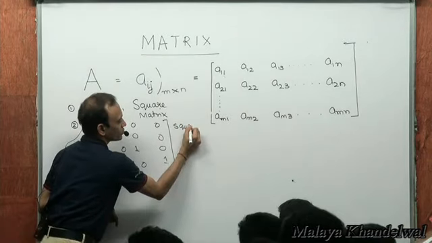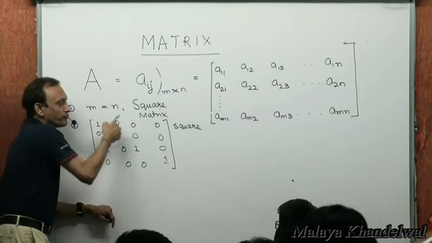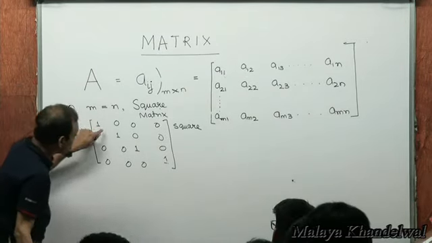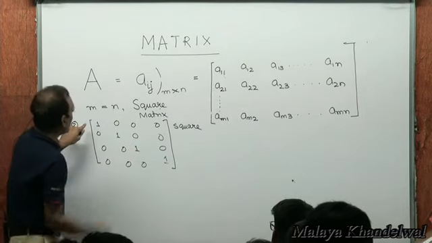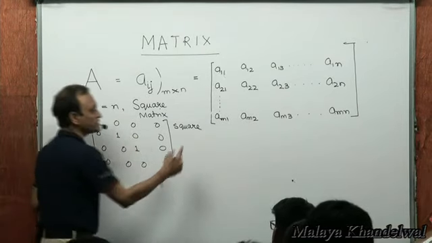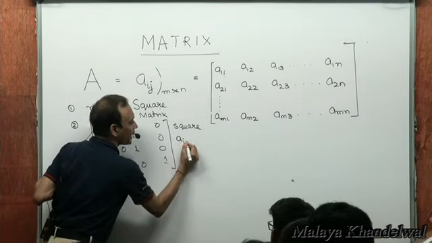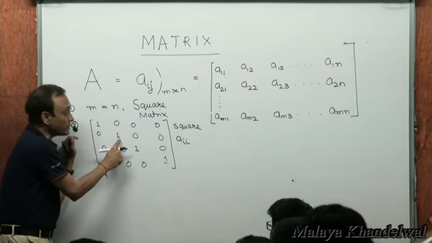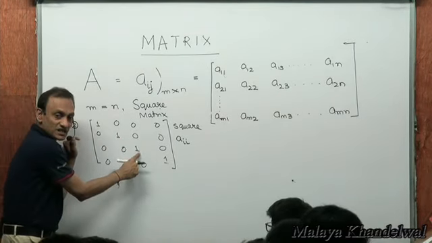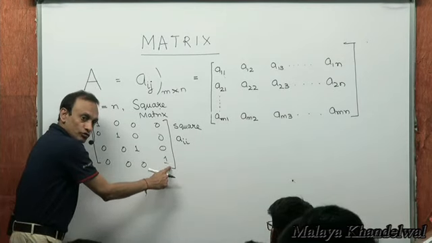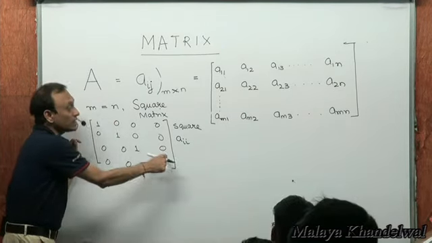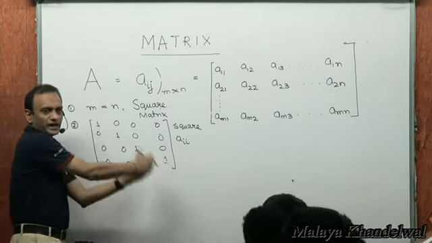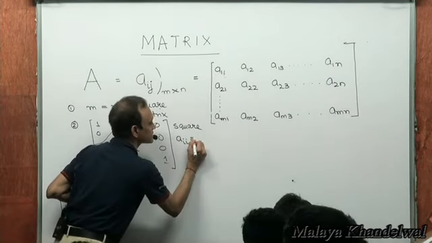Columns are counted like this, rows are counted like this. These are the diagonal elements, of the form Aii. This is A11, this element is A22, this element is A33, this element is A44. That's the designation of the diagonal elements in a matrix of this kind. It's a square matrix in which the Aii represent the diagonal elements.